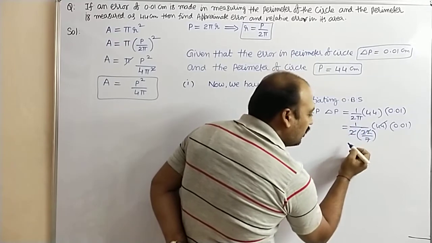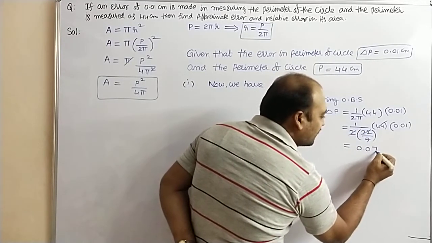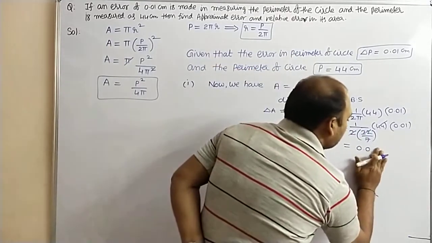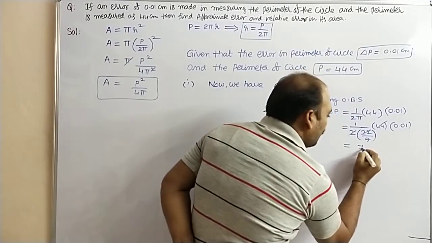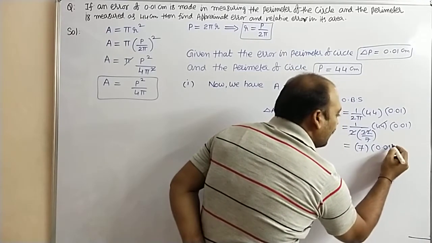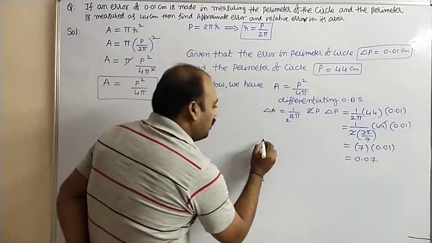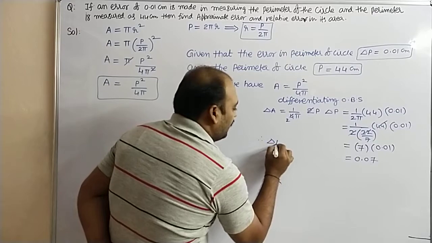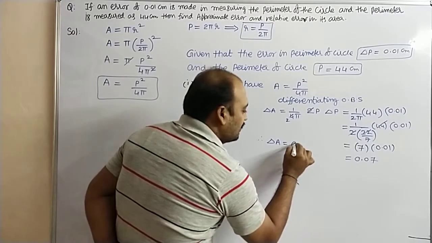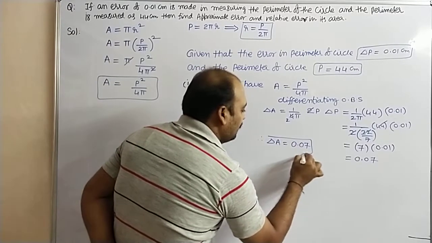Denominator of denominator will become numerator, which is equal to 7 into 0.01, which is 0.07. Therefore, delta A is equal to 0.07.